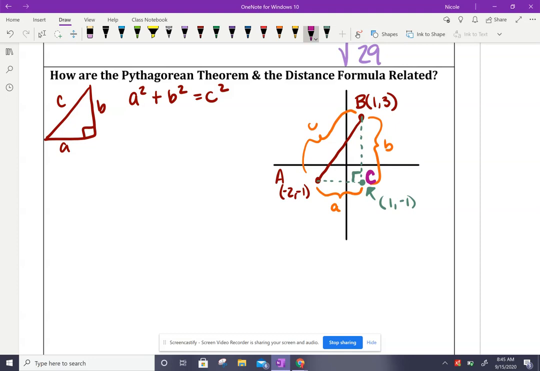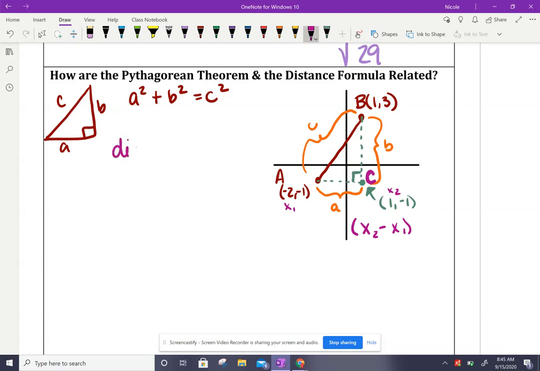So I'm going to start from C's x value minus the x value of A. I'm going to call this x2 and x1, which you might remember from the distance formula.